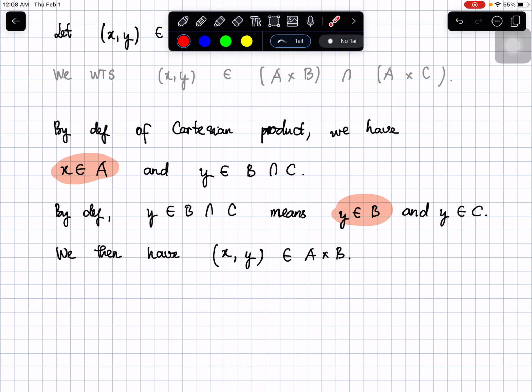Alright. Similarly, we also have this. x in A, y in C. Therefore, x comma y is an element of A cross C.